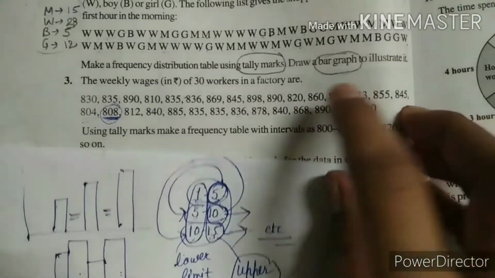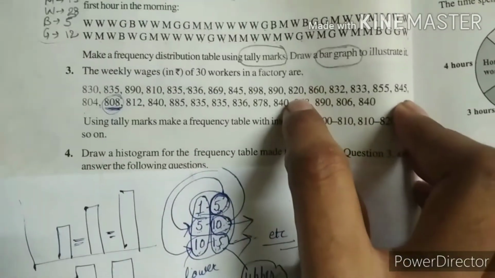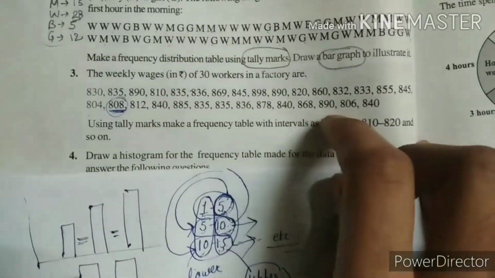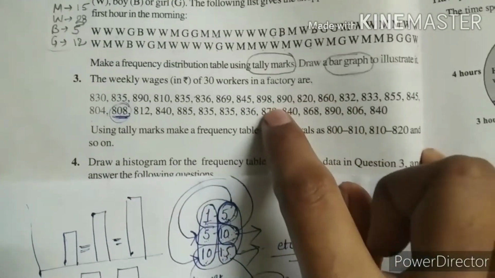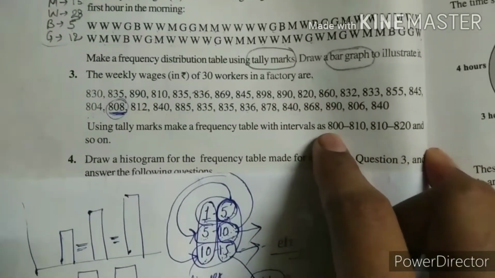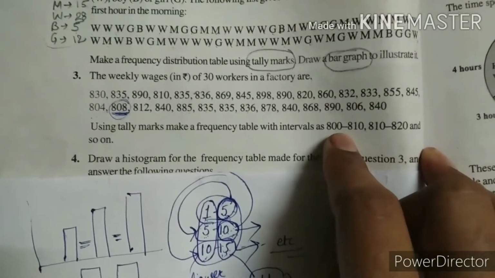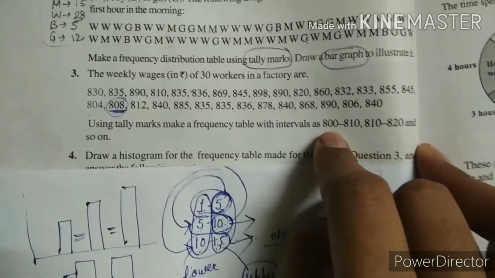If you look at all the data, the hundreds place of all the data is 8. 800, 800, 800, everywhere we can see 800. It means the data will come within 800 to 900. If we take this range for the whole data, our need will be complete. So we are taking 800 to 900.